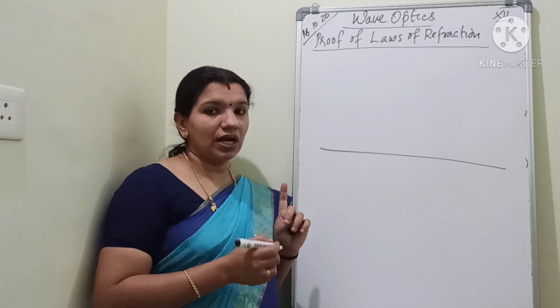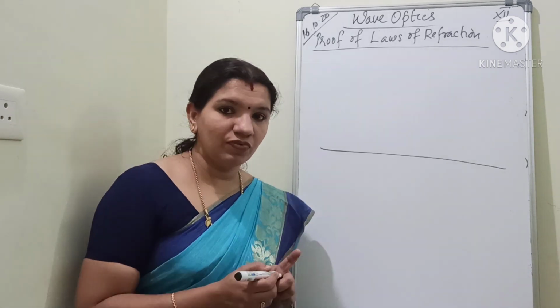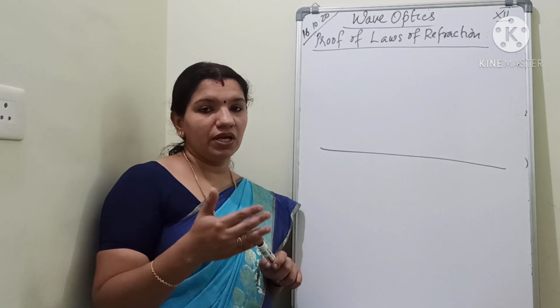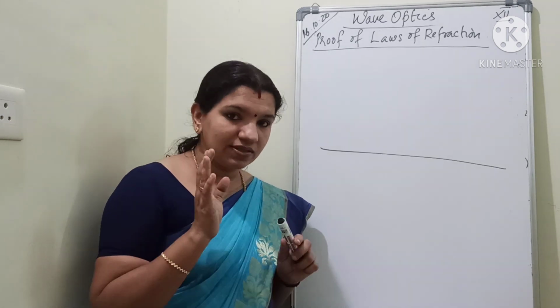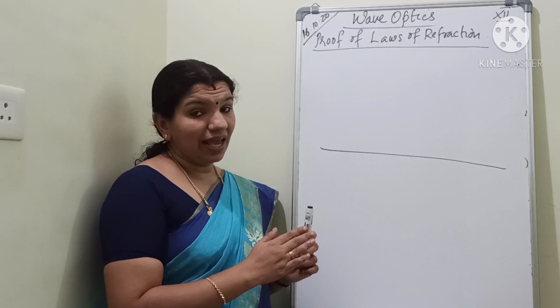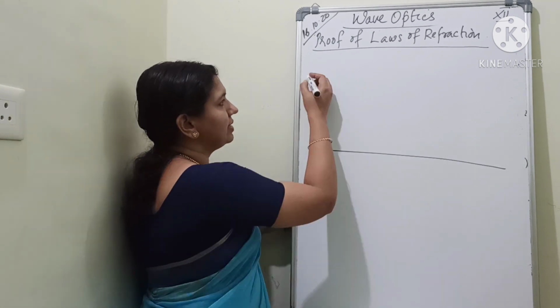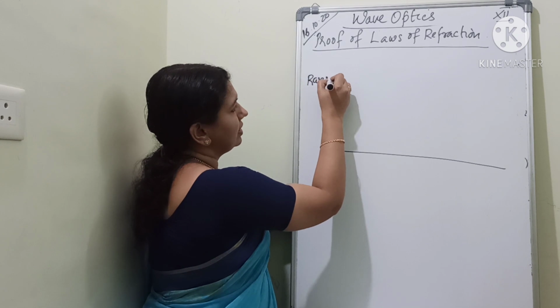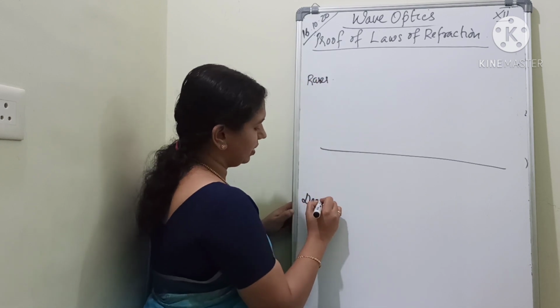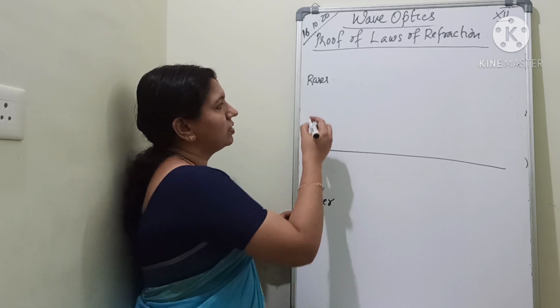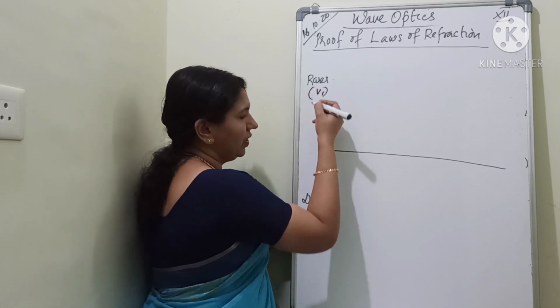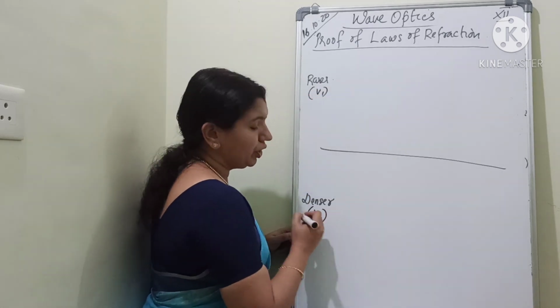In reflection, we considered only a single medium in which the speed of the wave or wavelet is considered as v itself. But in this case, we have two media. The first medium we will consider as a rarer medium and the second one is a denser medium. Here it has a speed v1 and here it is v2.